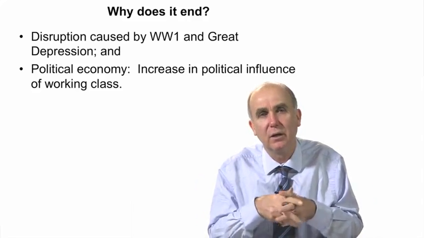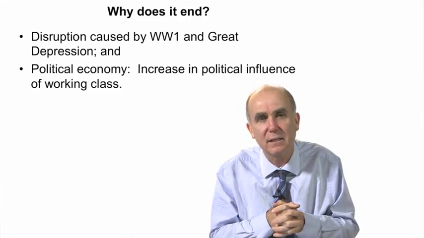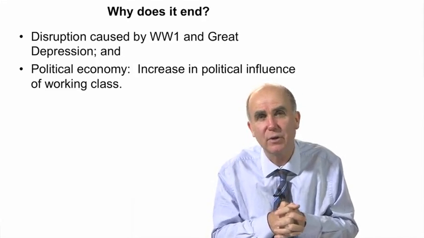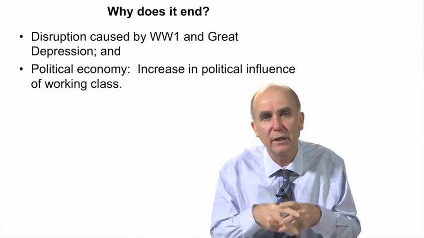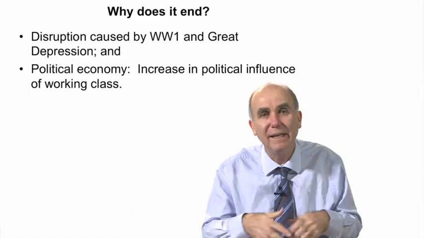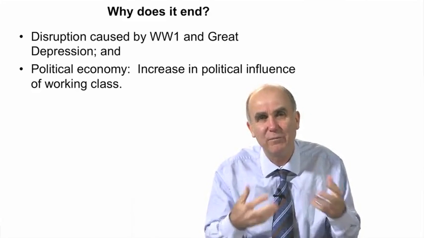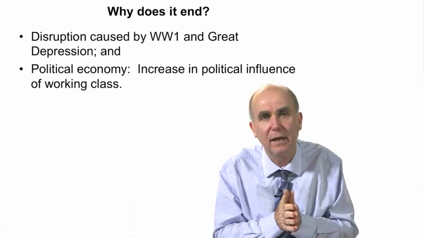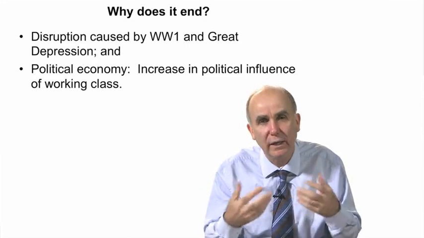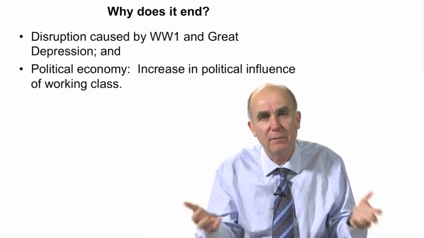And to a large degree, that can probably be attributed to the rise in the political influence of the working class. So in the late 19th century, early 20th century, the working class increasingly enfranchised, increasingly able to influence government policy making. And they have particular interests. For example, the working class are damaged by free immigration.